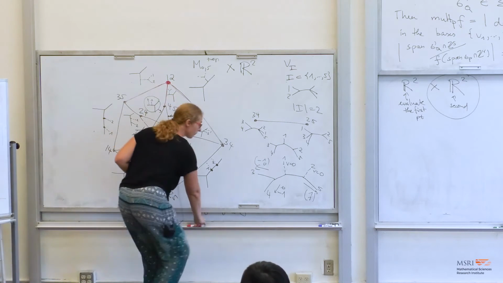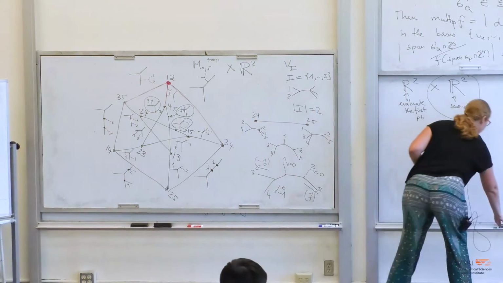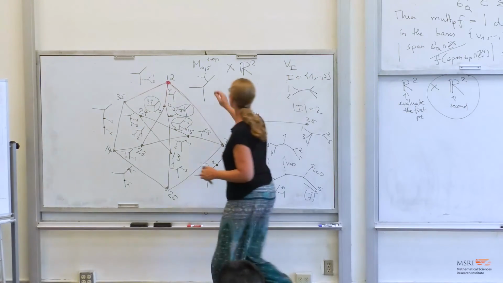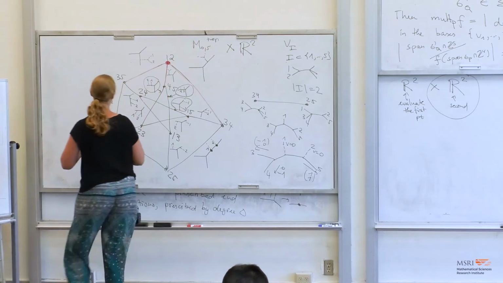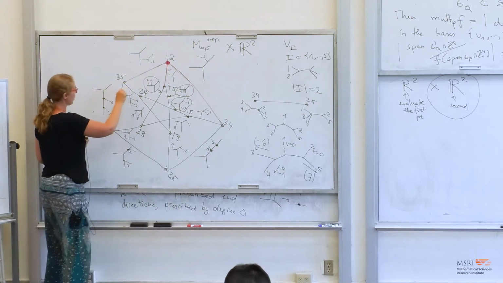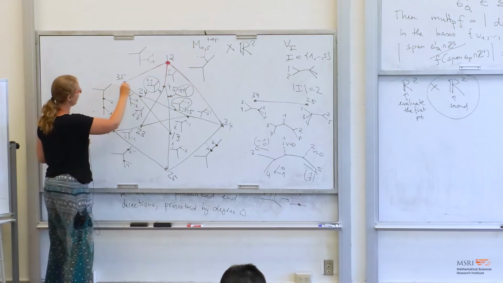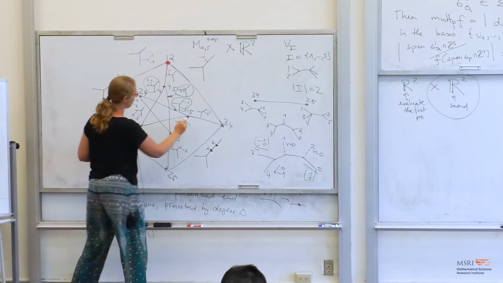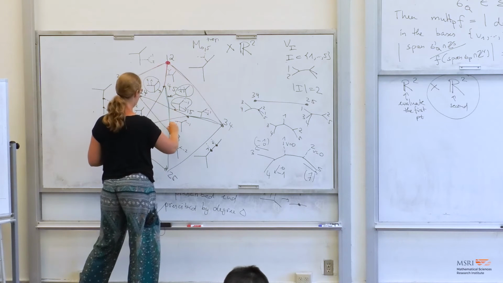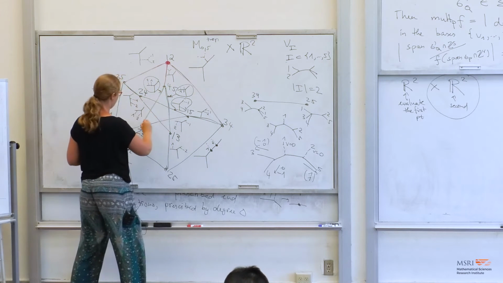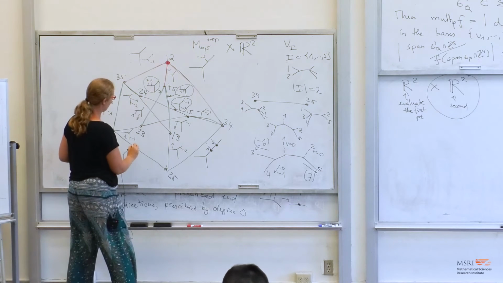Okay. Other color. What other cones are there which are not going to be mapped to something two-dimensional? It's all those where 1 and 2 sit on the same ray. Do I have them all?